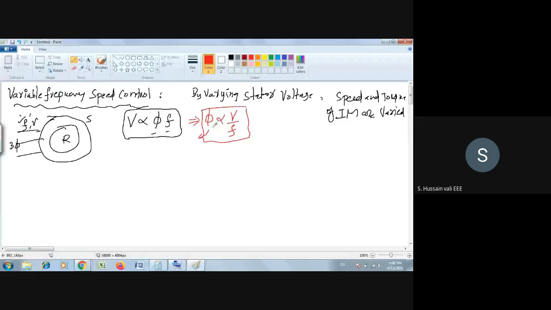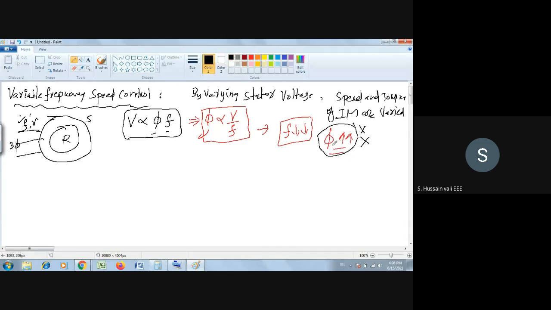For example, from this equation, if you decrease the frequency, your flux will increase. But this you don't desire. You don't want to increase the flux.